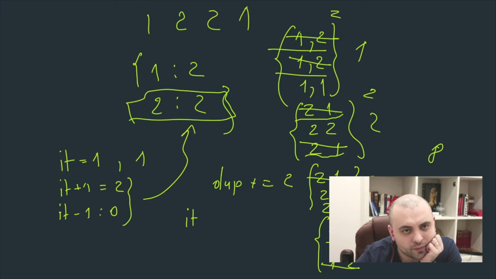Indeed, there are 2 of them, but we need to count them both, so we cannot deduplicate them. So we've got 1, 2, and 2, 1, but they will be counted only once, but they need to be counted 2 times.